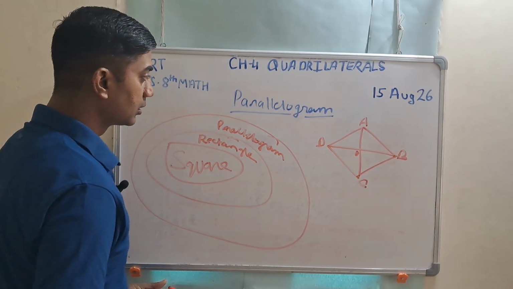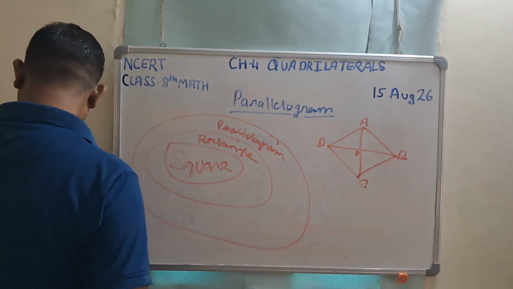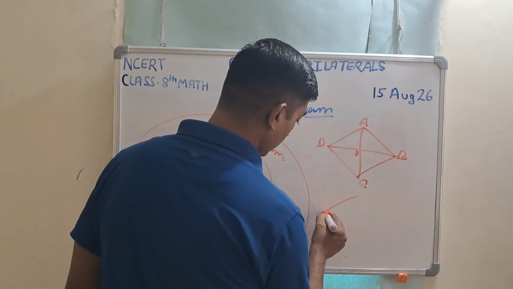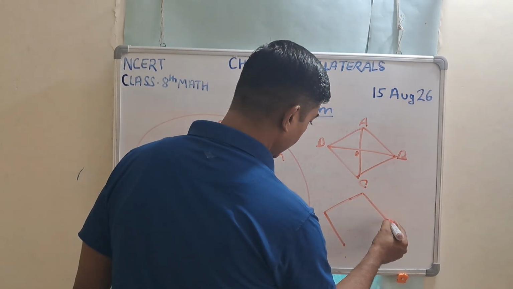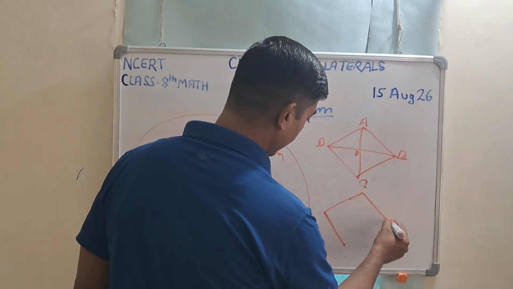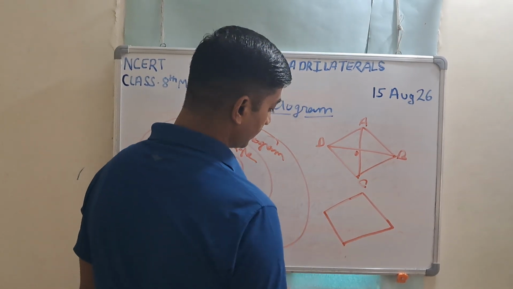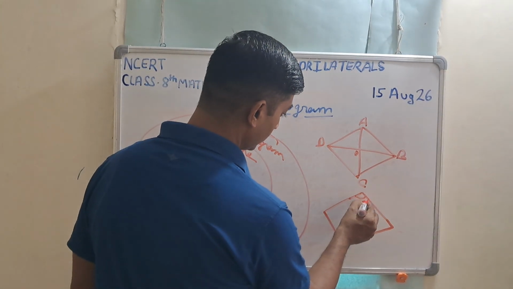That we have seen. How we have seen that? We have seen that in a rectangle internal angles are 90 degrees, but in case of a parallelogram it is not necessary that internal angles are 90 degrees. Though the sides are parallel and opposite angles are equal, understood?